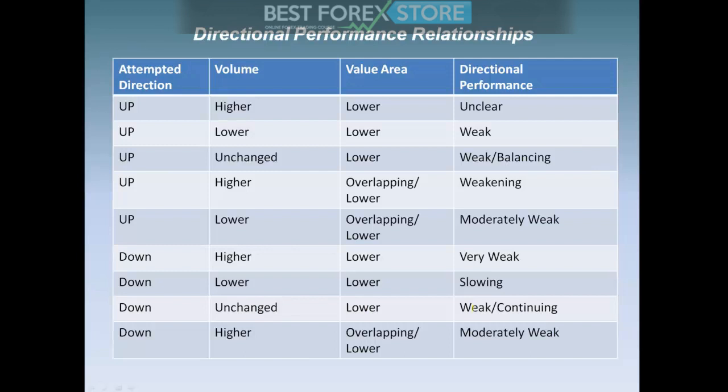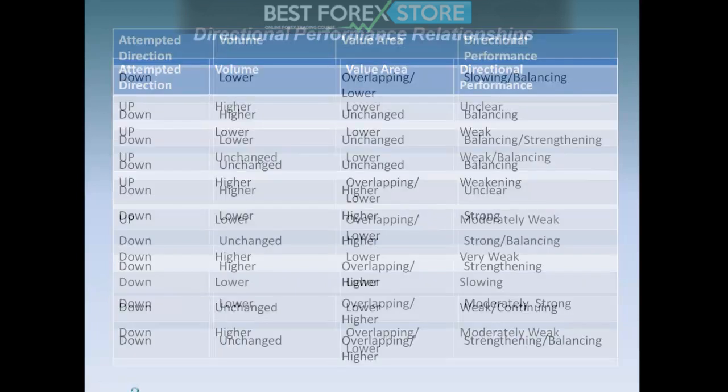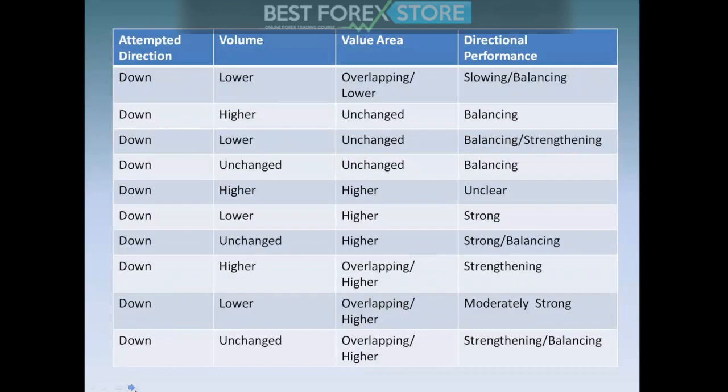Well, this is telling you in terms of directional performance, the market move is getting weak, but it's likely to continue. And that's how you use these 3 charts that I have included for you. I hope you will find them helpful, and more importantly, I hope that you will use them and get to learn these patterns. There's a number of different permutations, but after a while it gets easy, and you're able to probably identify what is likely to happen without even looking at the table.